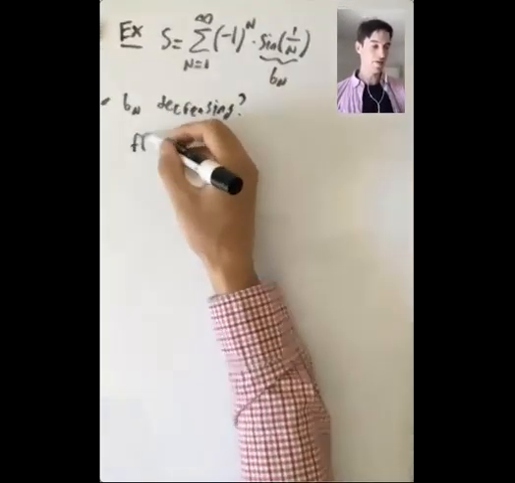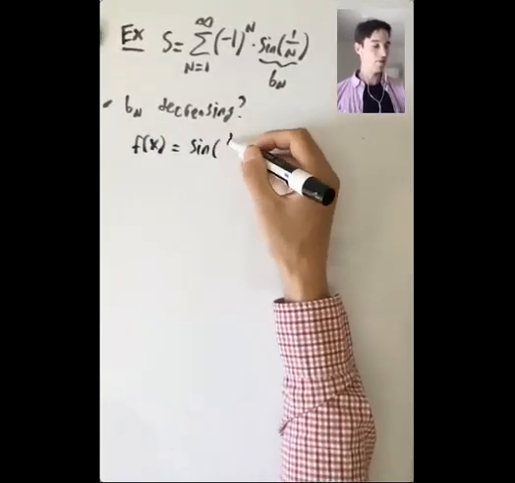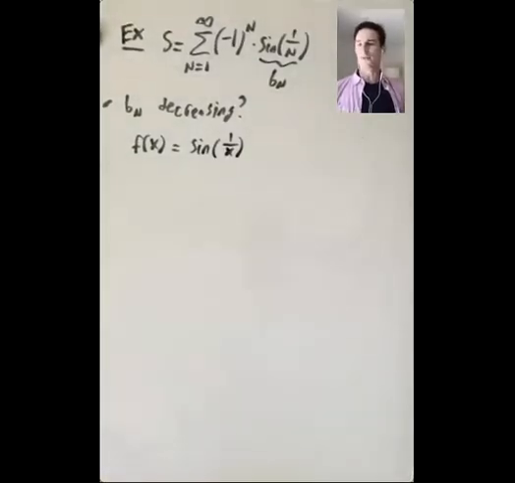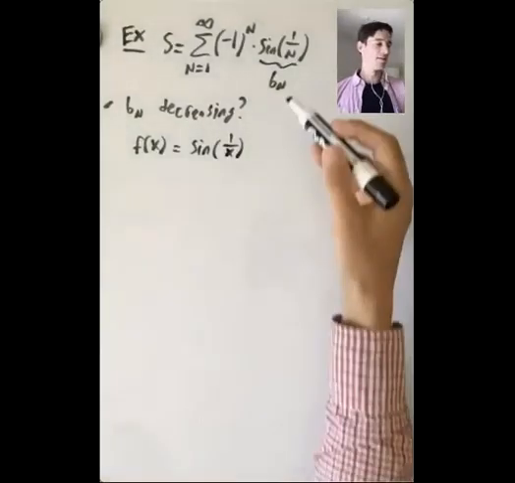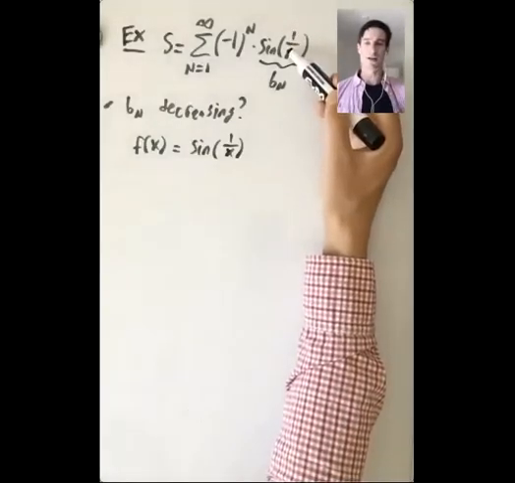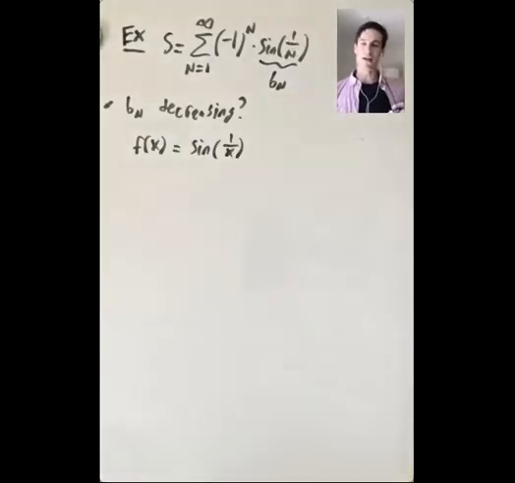Well, let's let f of x be equal to sine of 1 over x. We can apply the first derivative test, but before we do, let's see what we expect. When n is getting bigger, we're taking sine of smaller and smaller numbers, and sine of angles close to 0 are getting close to 0.